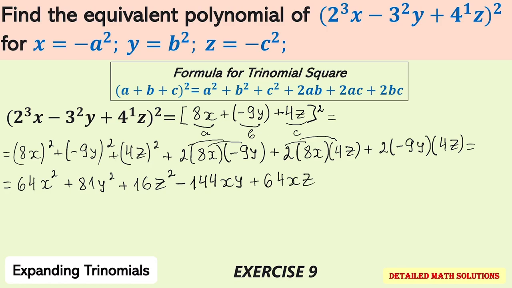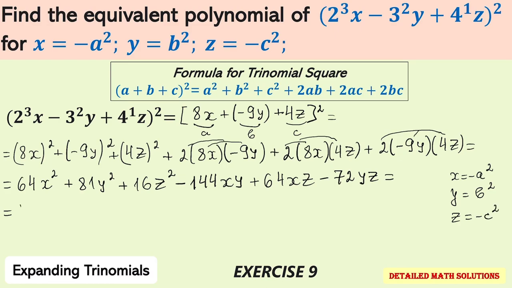And then I have 2 times 4, 8 times negative 9 is negative 72yz. As a next step, I need to substitute x with negative a squared, y with b squared, and z with negative c squared.